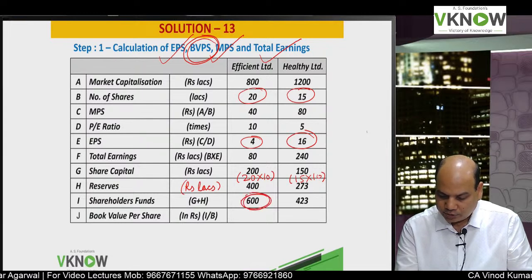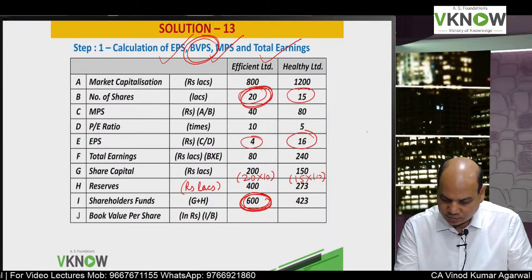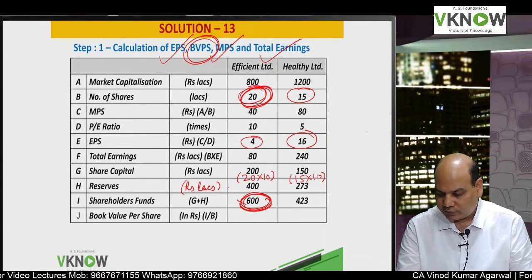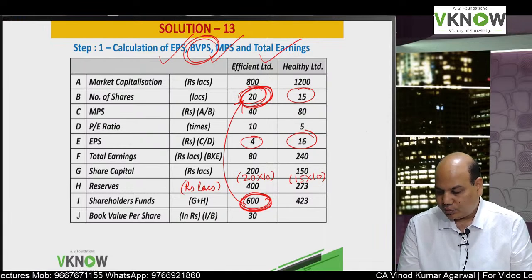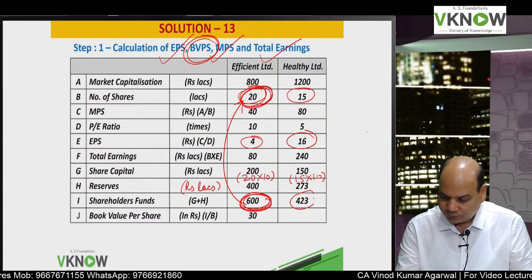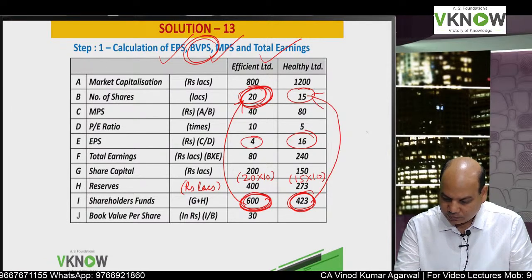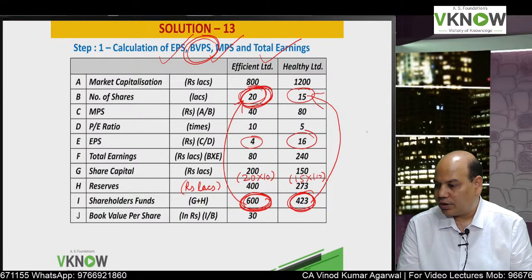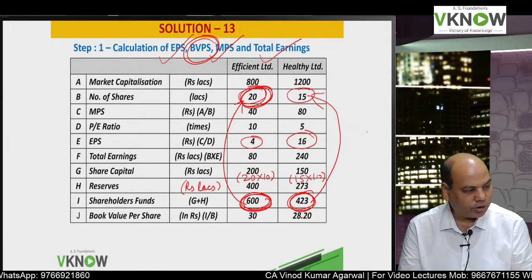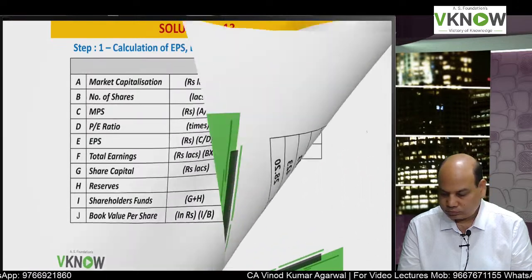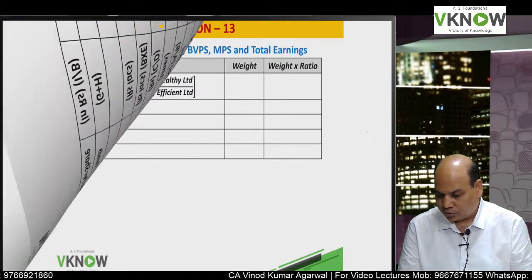Book value per share in rupees, 600 divided by number of shares, 600 divided by 20, that will give you 30. 423 divided by 15 will give you 28.20.